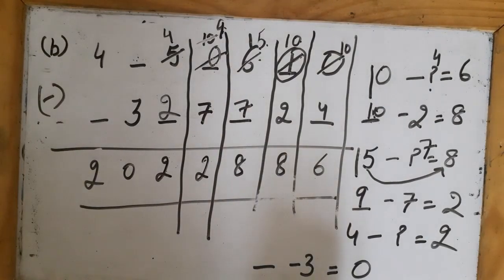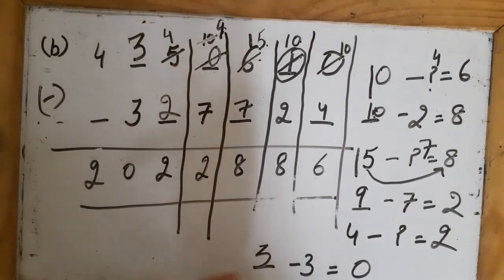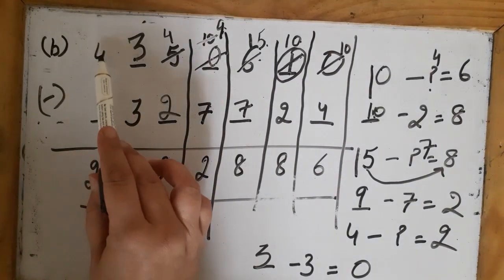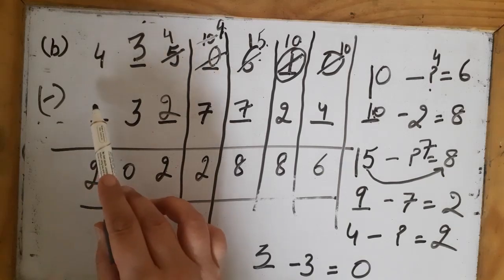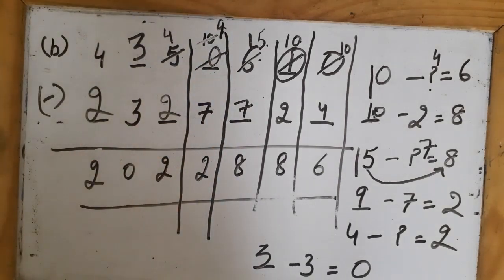If I subtract 3 from 3, I will get 0. Now the last place, from 4, what should I subtract to get 2? I should subtract 2 to get 2.